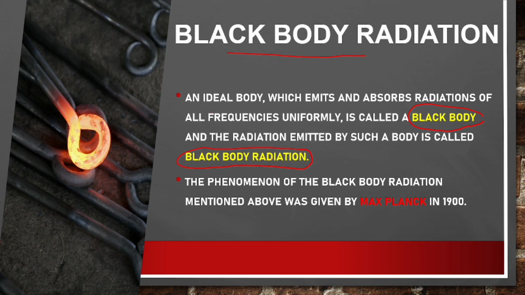This phenomenon of black body radiation was first given by the scientist Max Planck in 1900. So what we learned: a black body is an ideal body that emits and absorbs radiations of all frequencies uniformly.